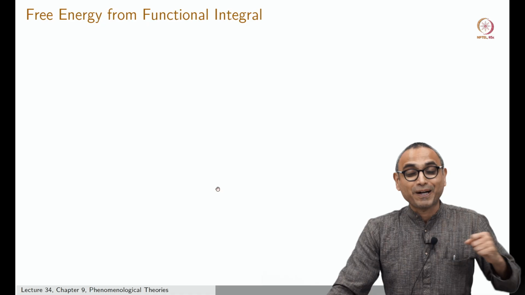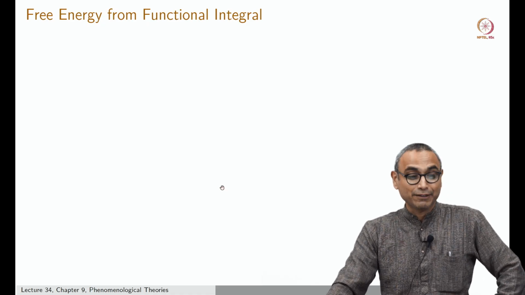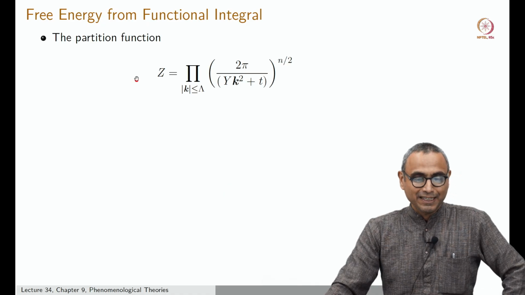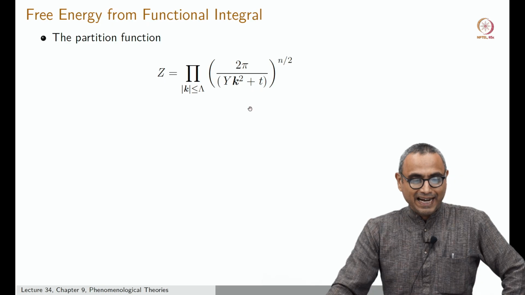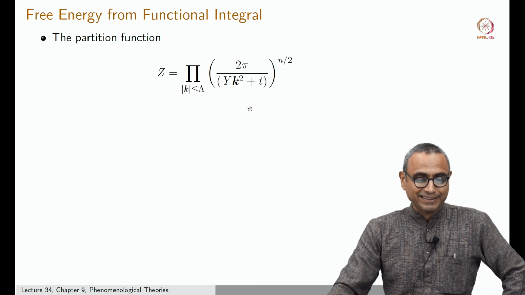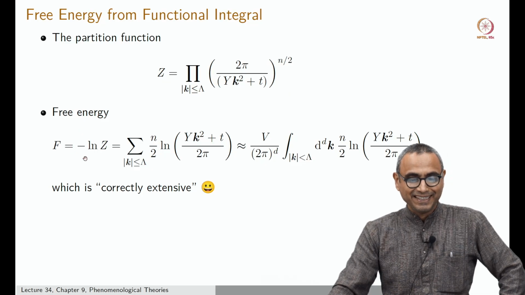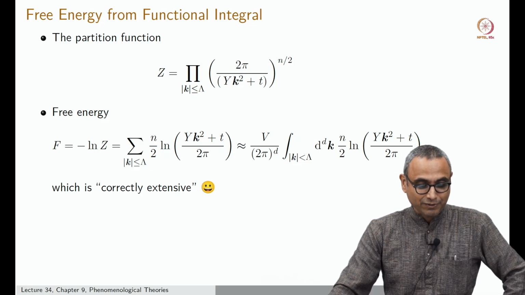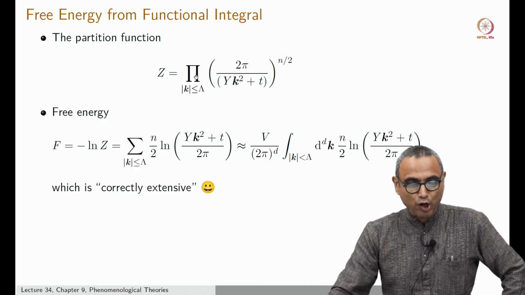So I have got the partition function now, but the partition function usually doesn't do the trick for me. I need to get the free energy. So this is the partition function which was evaluated in the last slide, and to get to the free energy, I just take the log of this partition function. When I take the log, the log of a product is a sum of logs.